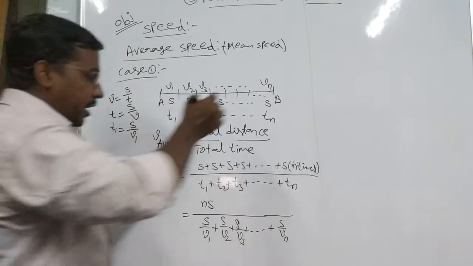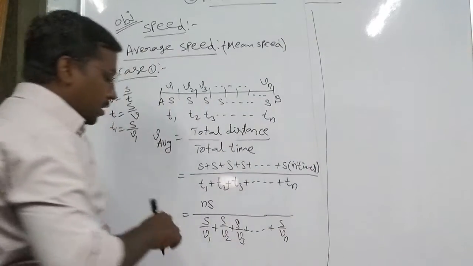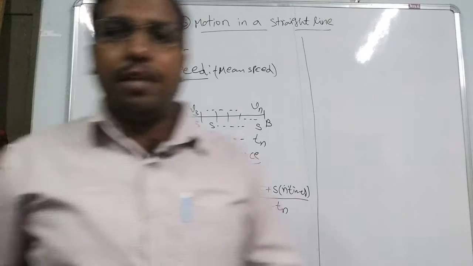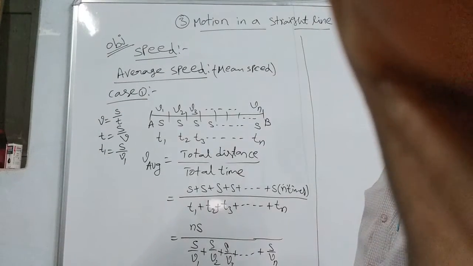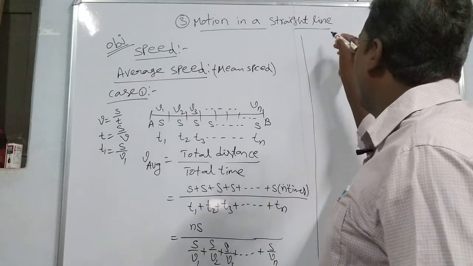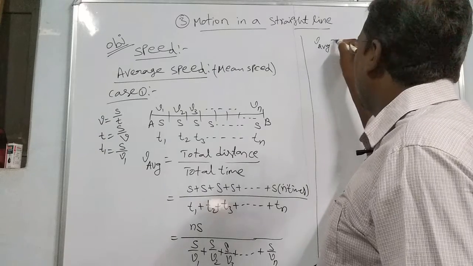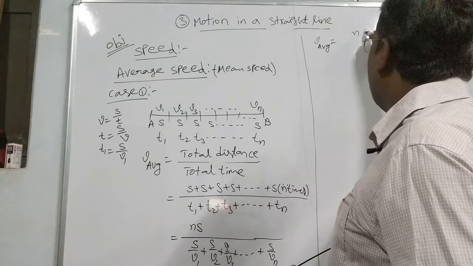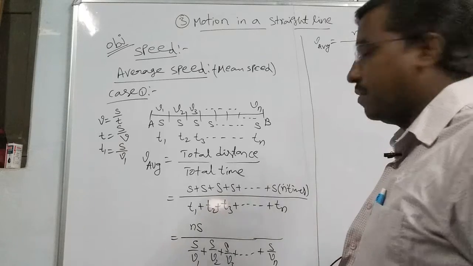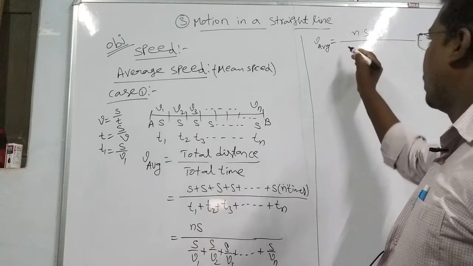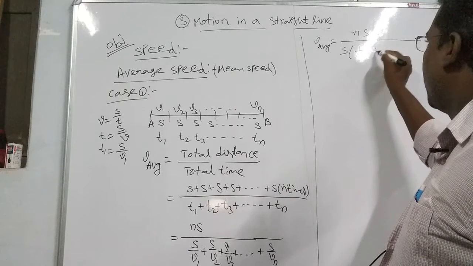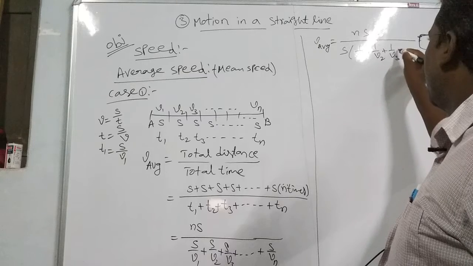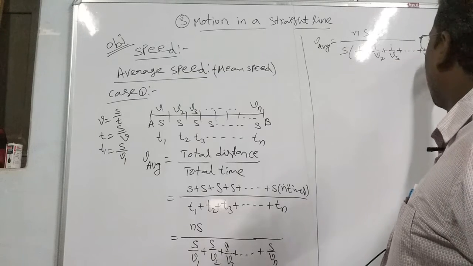Okay students, next, in the denominator we take s common. Now V average equals n s by s times, the distance being common, 1 by v1 plus 1 by v2 plus 1 by v3 plus and so on plus 1 by vn.